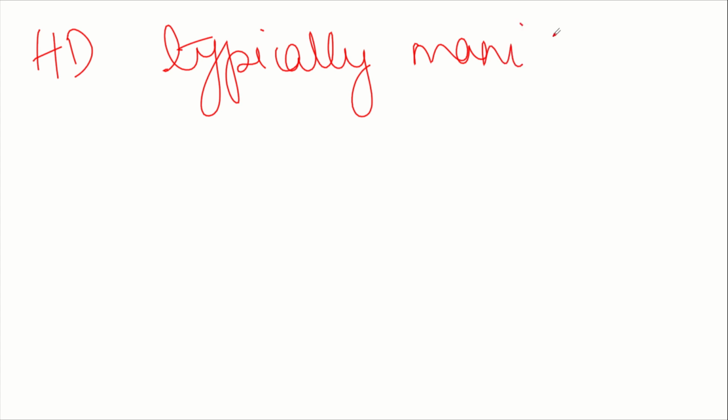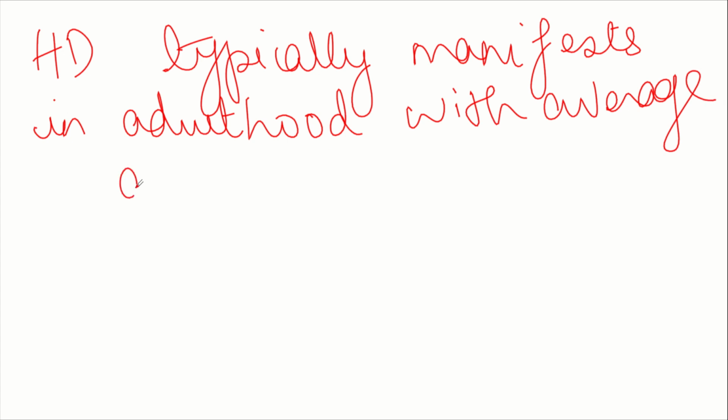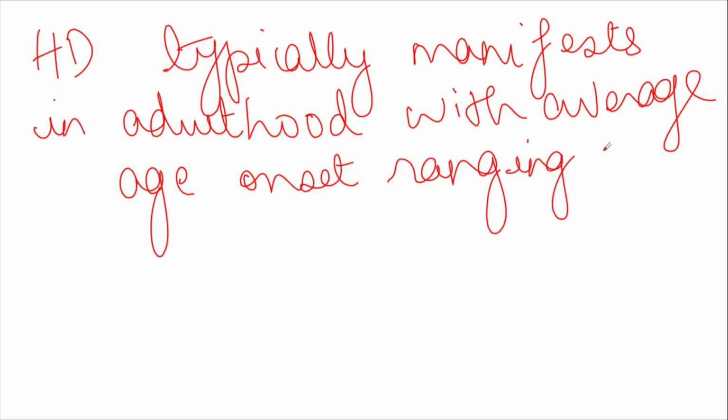Huntington disease typically manifests in adulthood with the average age onset ranging from 30 to 50 years.